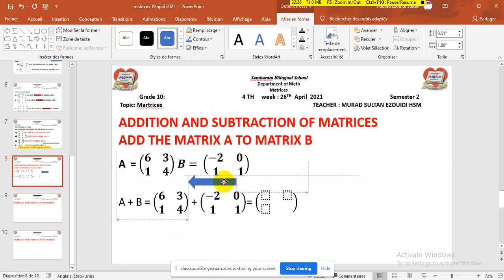We have matrix A, I wrote it here, plus matrix B. Matrix B is minus 2, 0, 1, 1.